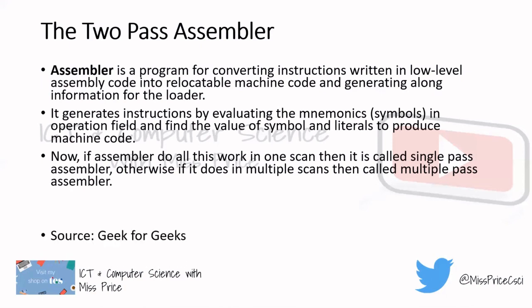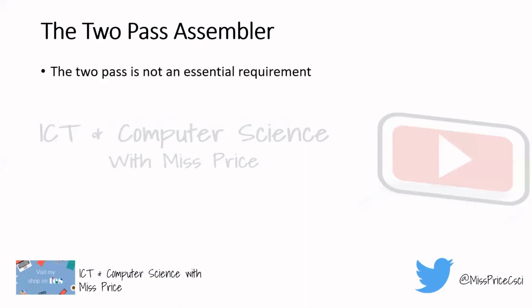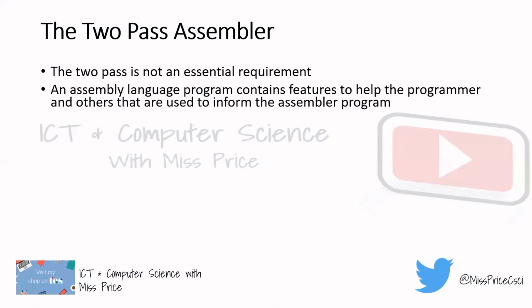So I've got this one from Geek for Geeks. The 2-pass assembler is not necessarily an essential requirement, because you can use a single pass assembler, which obviously will work much quicker. An assembly language program contains features to help the programmer and others that are used to inform the assembler program.